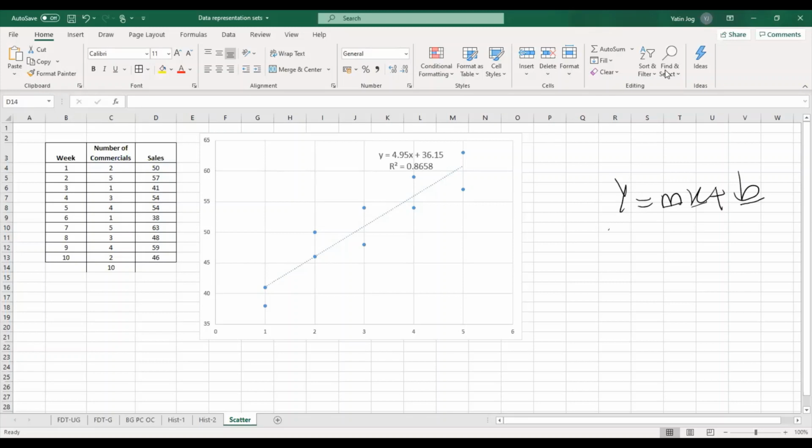So it is similar. What we have got is y equal to 4.95x plus 36.15. So if I want to calculate my sales, which is my y, for x equal to 10, I have to just put x equal to 10 in this equation and I'll get a value of y.